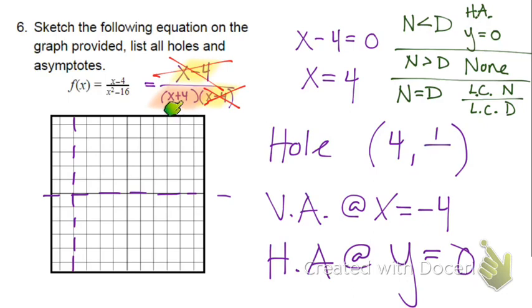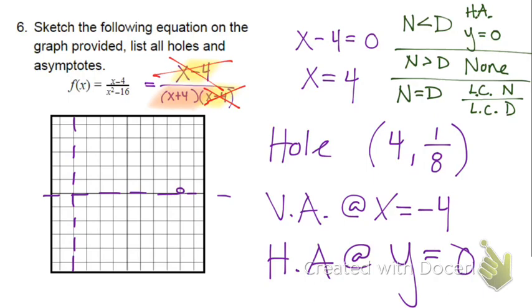And then what about in the bottom? If I plug in 4 here, what's 4 plus 4? 8. So my hole is at (4, 1/8). So on my graph I can put a hole at (4, 1/8), which is right about there. Now, that's really all I care about you being able to do. If you did the rest of it, that's awesome, but you got the most points for being able to do that.